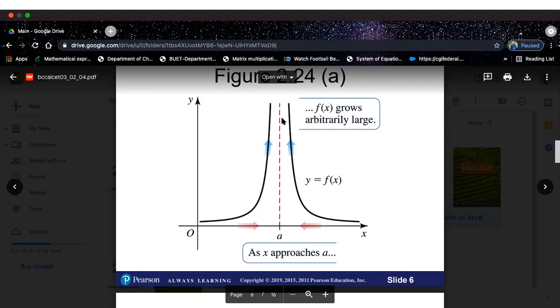You can say that. There is a slight difference between writing does not exist and infinity in some cases. I'll show that when the example comes, because definitely it will come in the next couple of slides. If not today, definitely tomorrow.